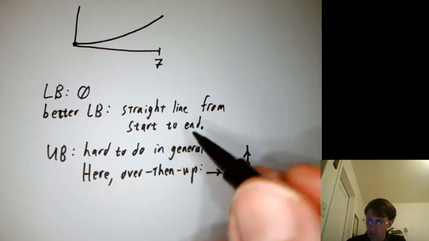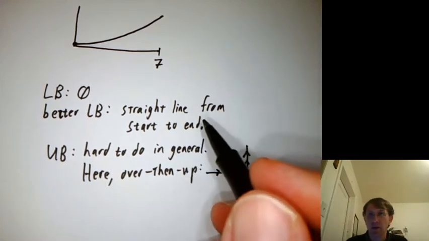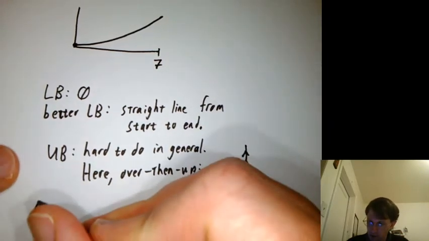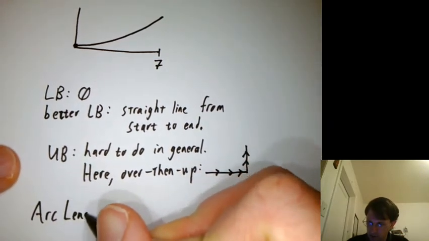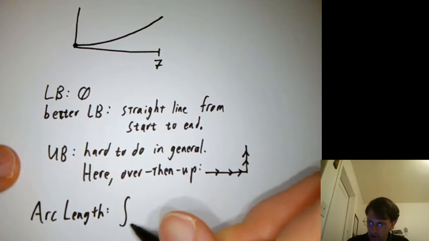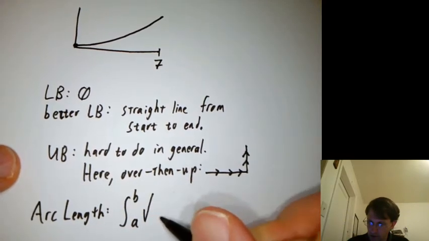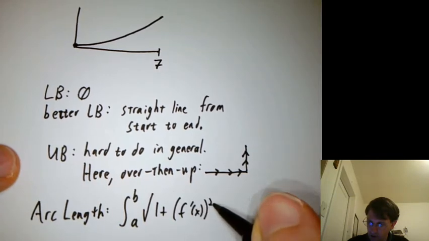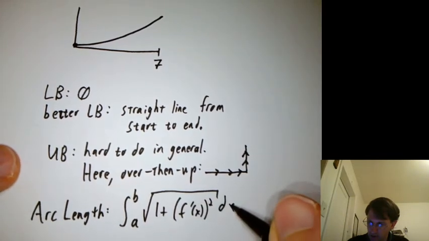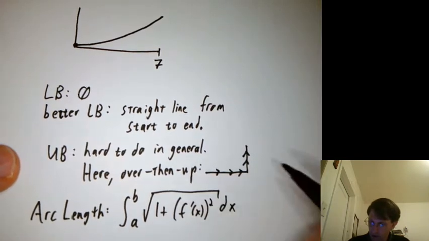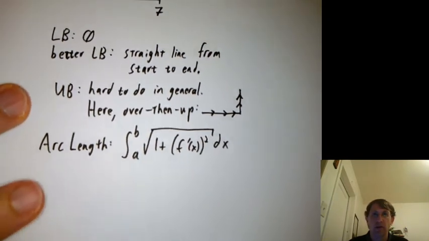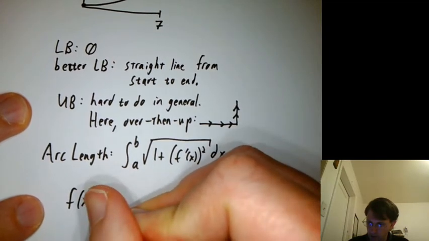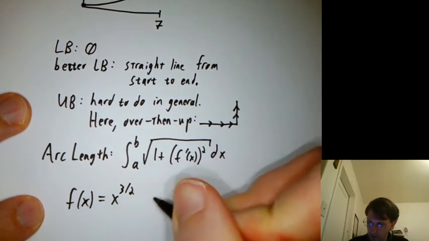All right, so now that we've got some ideas for upper bounds and lower bounds at least, let's write the arc length formula. Integral a to b square root of 1 plus f prime of x squared dx. What is f prime? We're going to need to know that, right? So f of x here is x to the 3 halves.